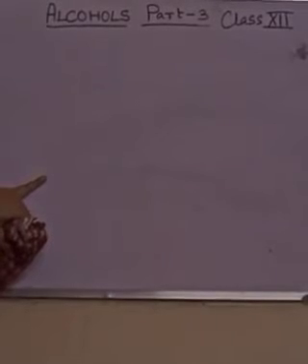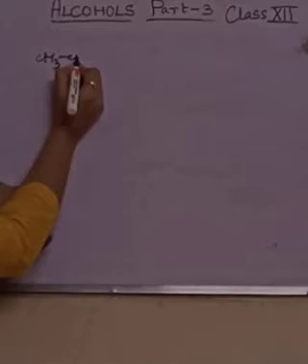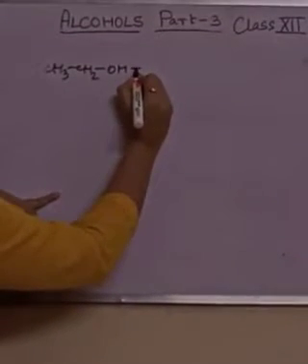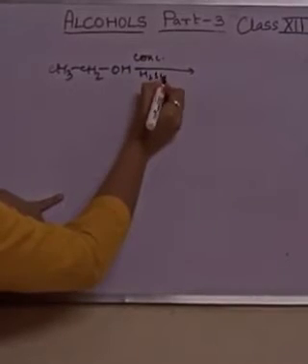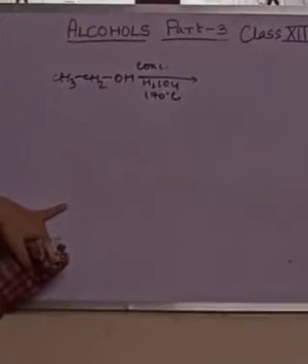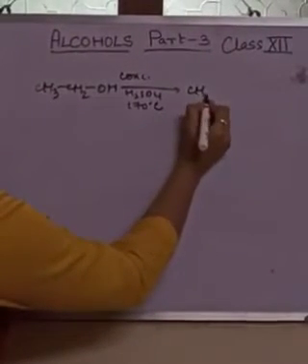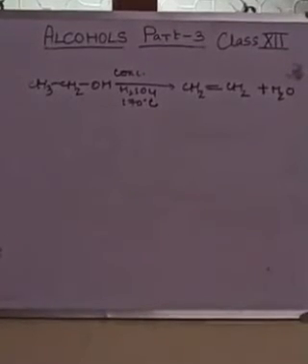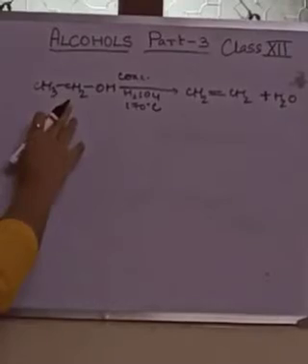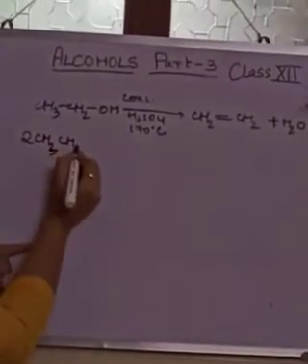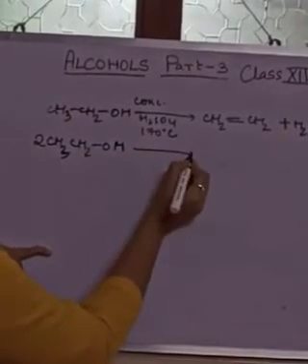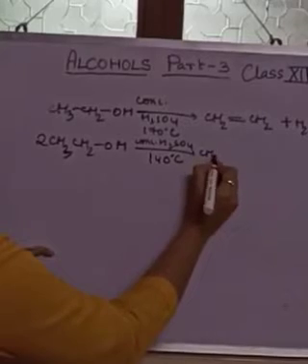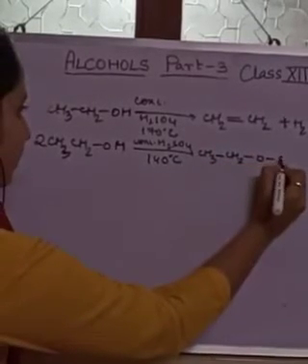When dehydration occurs at 170 degrees Celsius, this is obtained as a product, and when excess of alcohol reacts with concentrated H2SO4 at 140 degrees Celsius, then also dehydration occurs.